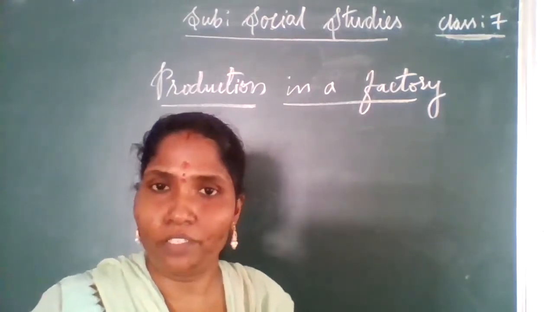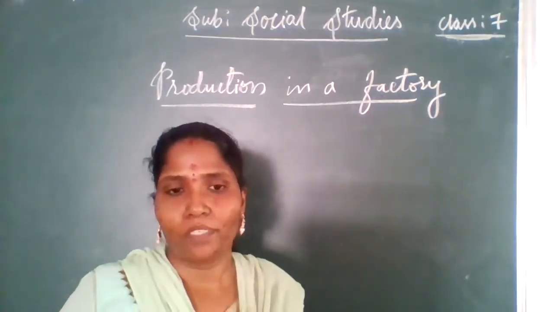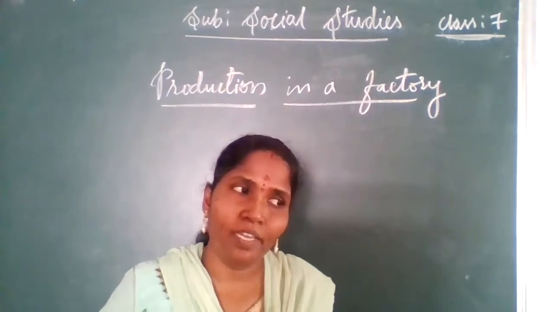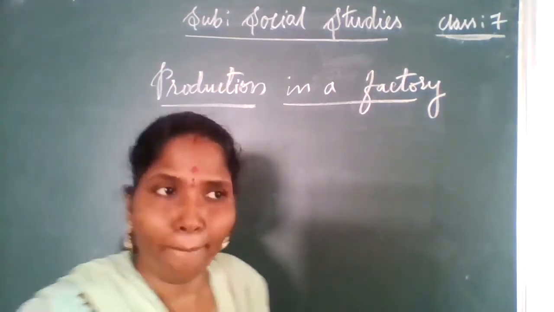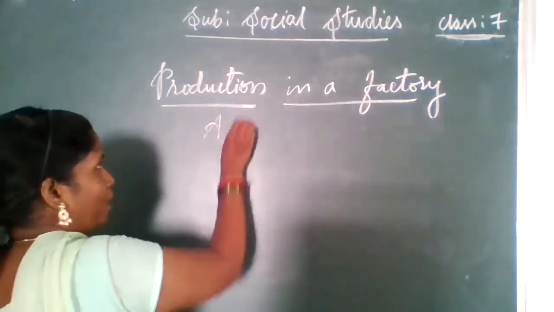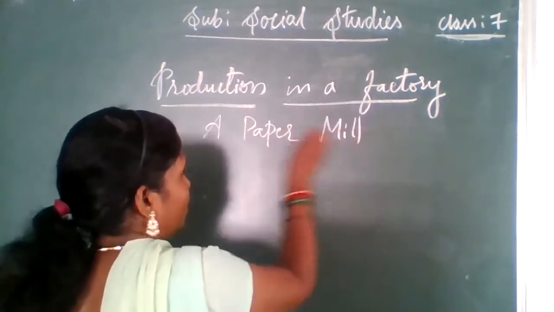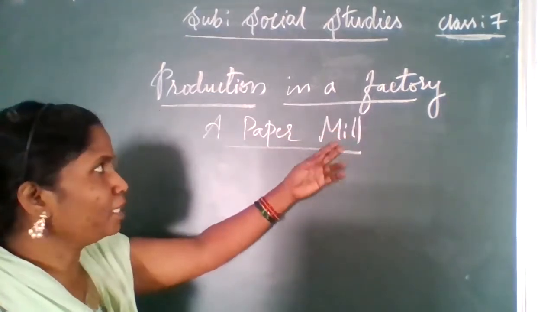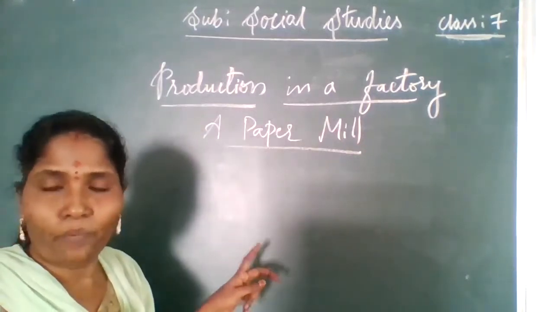First of all, we are going to see about the productions done in a factory. Especially in this lesson, we are going to see about a paper mill. A mill is nothing but a factory where paper is produced, right?